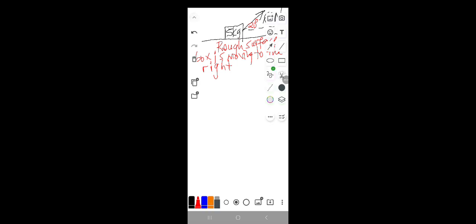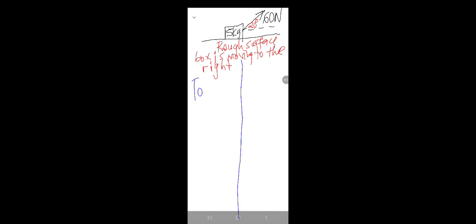Let's say it's still a rough surface, and let's assume that the box is moving to the right. I'm emphasizing this: it's very important that you know the direction of the motion. So for this scenario, we are going to draw our force diagram. Let's do it.